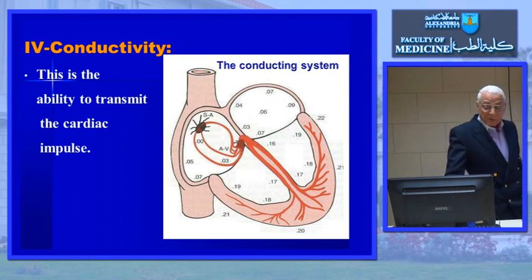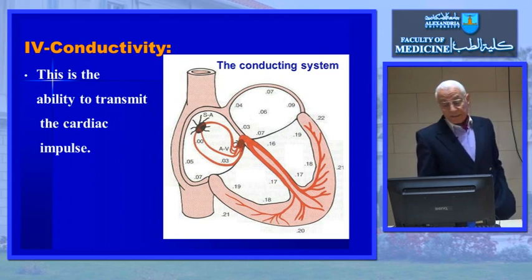Regarding the high speed of conduction in the bundle branches and the Purkinje fibers, this is to ensure simultaneous contraction of both ventricles at the same moment. For what? To increase pressure inside the ventricle and to overcome pressure, whether in the atria or in the pulmonary artery, so they must contract simultaneously.